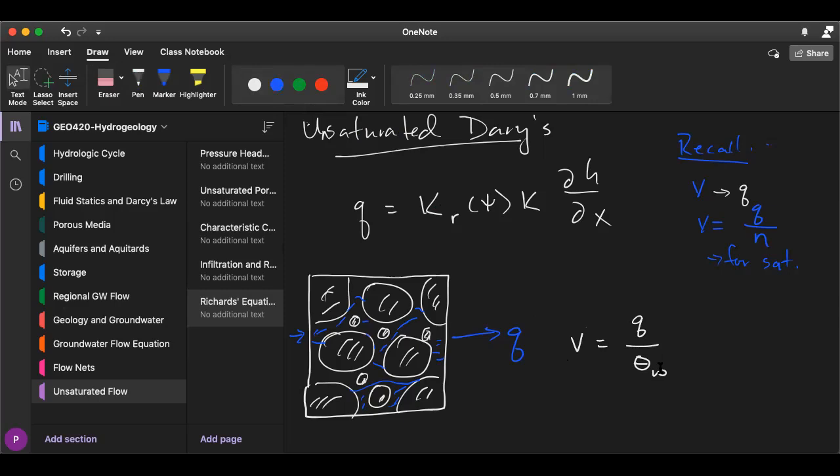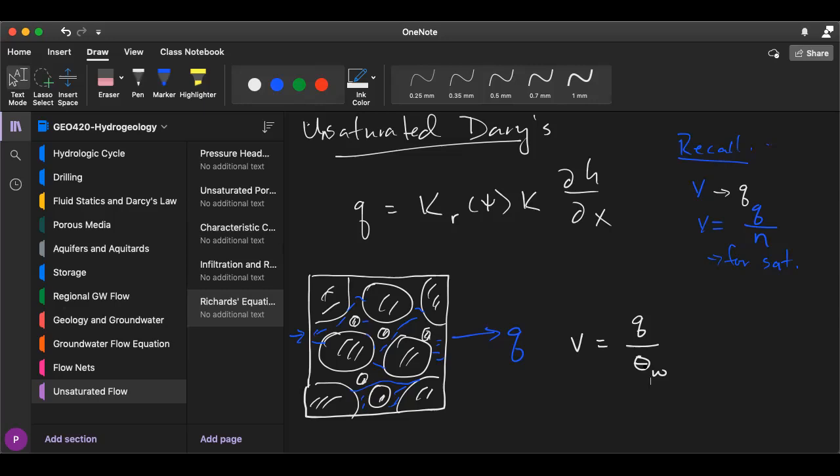What happens to this equation when I become fully saturated? Exactly. It turns into Q over N at full saturation. Theta sub W goes to N at full saturation. So this equation holds at saturation or at unsaturated flow.